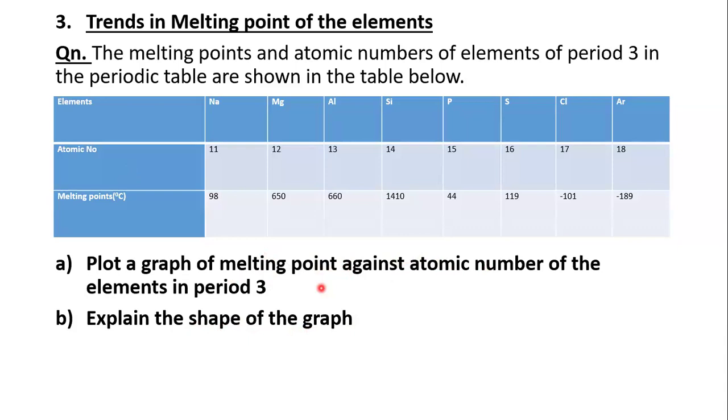Now, when you are describing the melting points of the elements in period 3, we have a group of metals, we have the metalloid, we have nonmetals together with the rare gas. You have to describe the metals differently or independently, the metalloid independently, then nonmetals and rare gas, you can also group them and describe them independently.